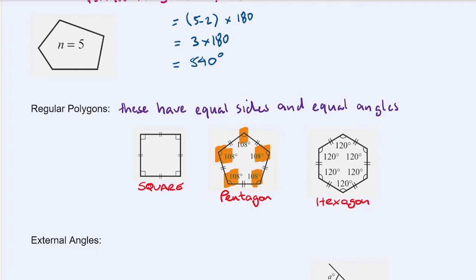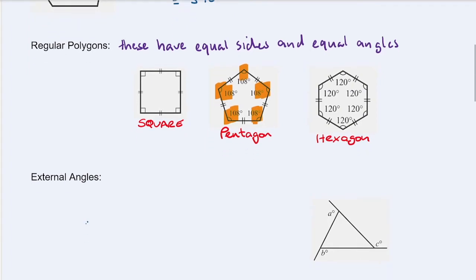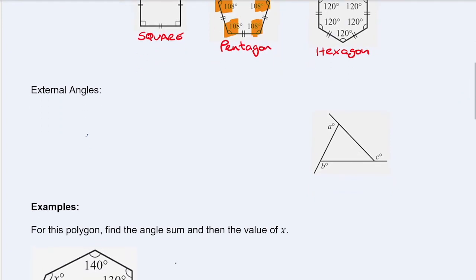Now, not only do these shapes have internal angles, these shapes also have external angles. So let's have a quick look at those. So here's our example of external angles. If I extend the line from my triangle here past the vertex, I get an external angle.